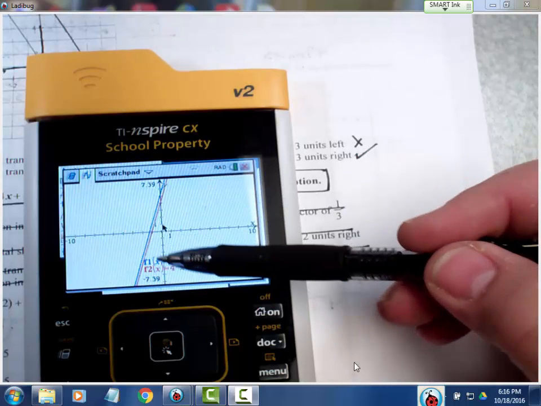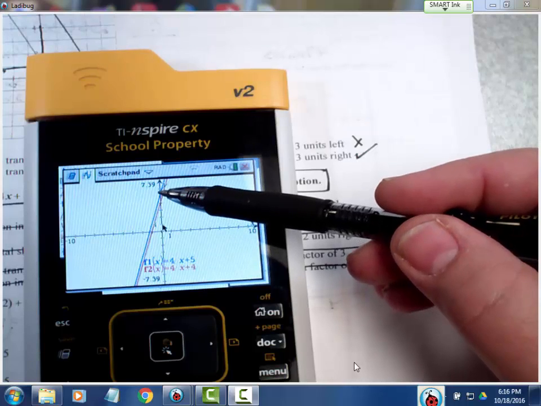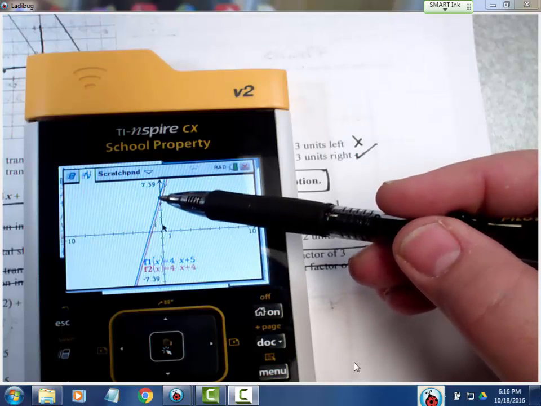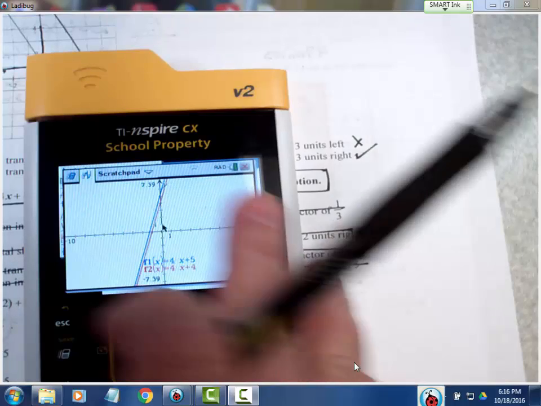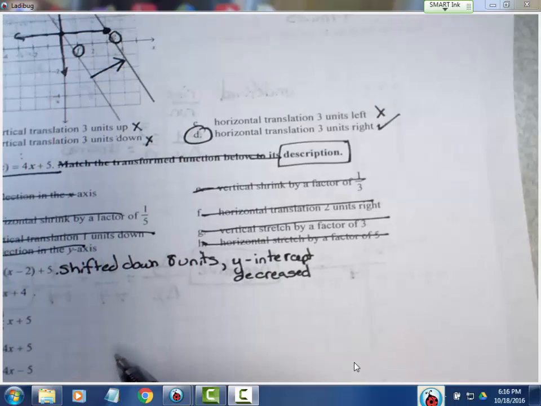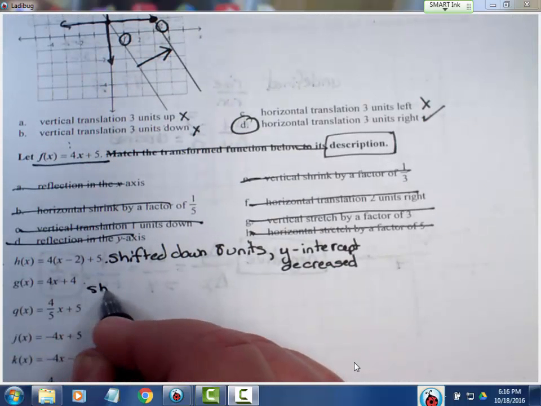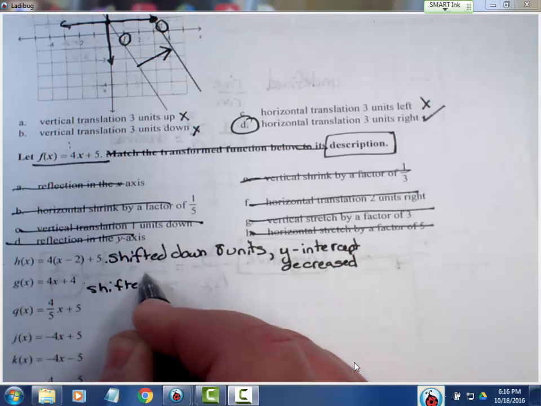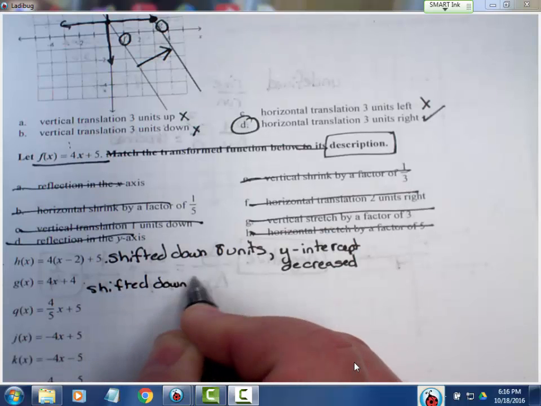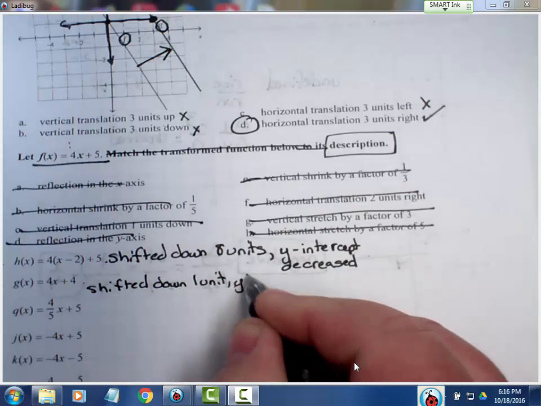They're not going to intersect each other. Okay, so I see that the y-intercept decreased again, or it shifted down 1. So my words are going to look a lot the same as the previous one. Okay, so right here, we shifted down 1. Or we can say that our y-intercept decreased.